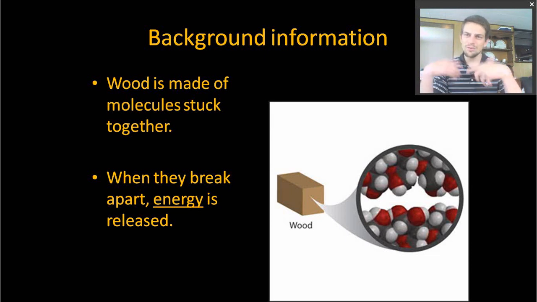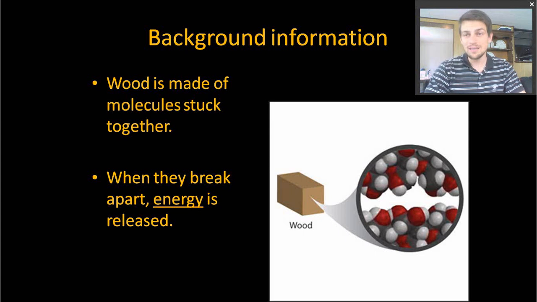So it's kind of like energy is a glue that holds these little pieces together. So when you break apart those pieces, that energy that was holding them together is suddenly released, and it can come out in lots of different forms. And that could be a whole lesson in and of itself, the different forms of energy. Energy can come out in the form of motion, or sound, or light, or heat.